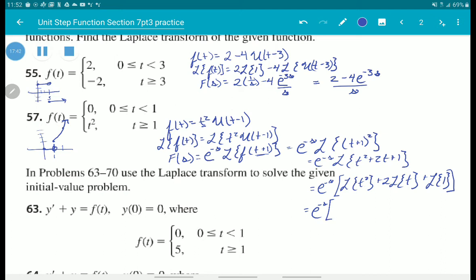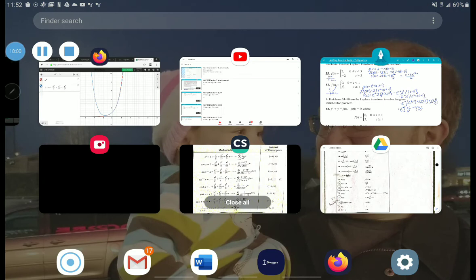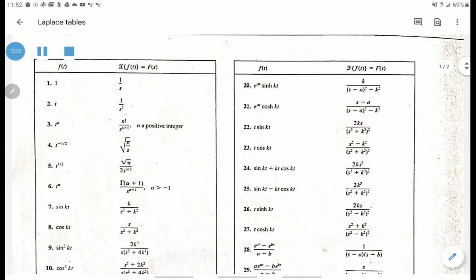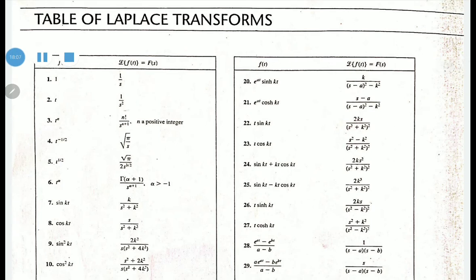So t squared, going back to our formula, that's going to be 2 factorial over s cubed. Laplace of t is 1 over s squared. Both of those formulas are coming straight from our sheet. T is 1 over s squared.